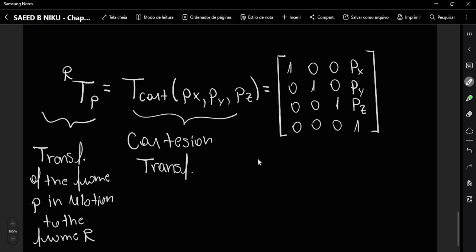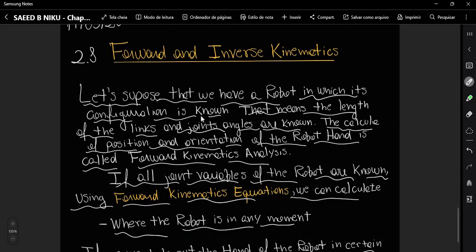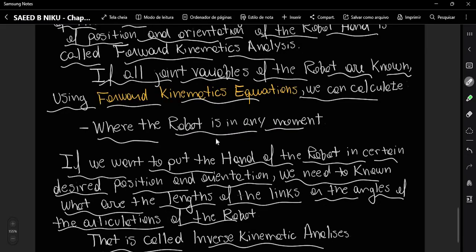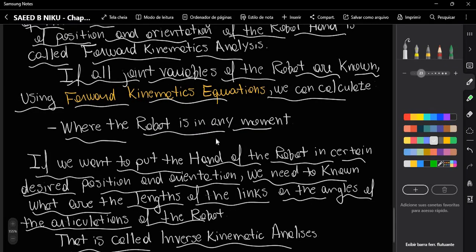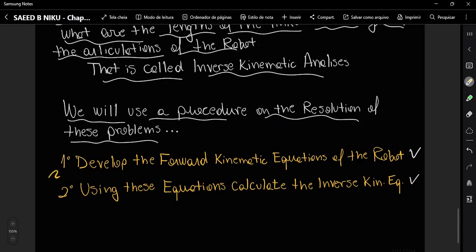And now let's recap what I read for you on the beginning of this video. There are some points that we can use, we can interpret to start solve this problem. First, let's take the procedure is to develop the forward kinematics equation of the robot, and then using these equations of the forward kinematics that we develop, we use to calculate the inverse kinematic equation.